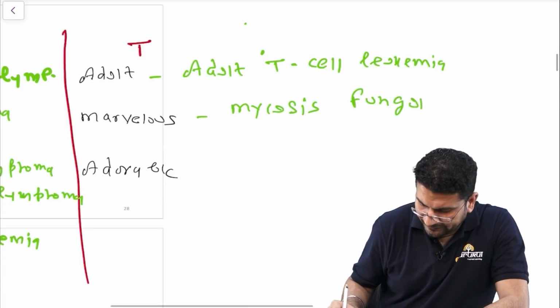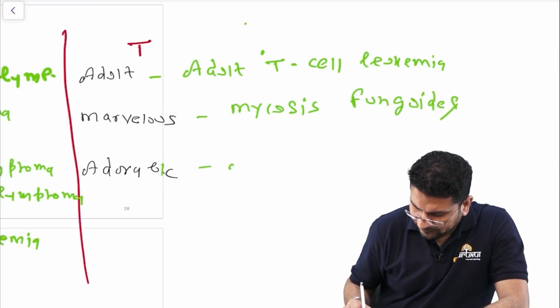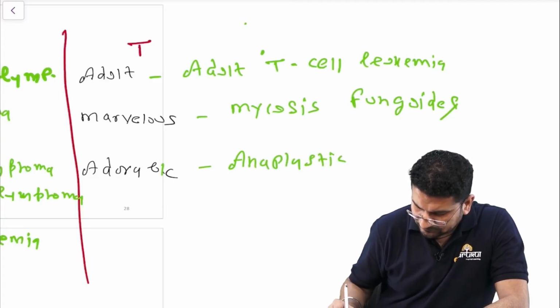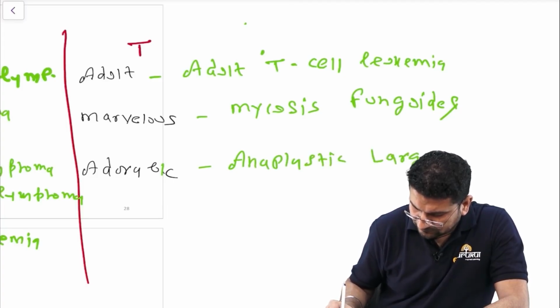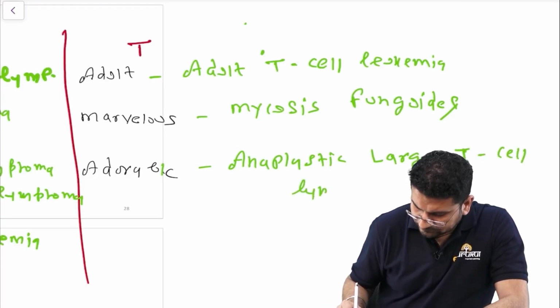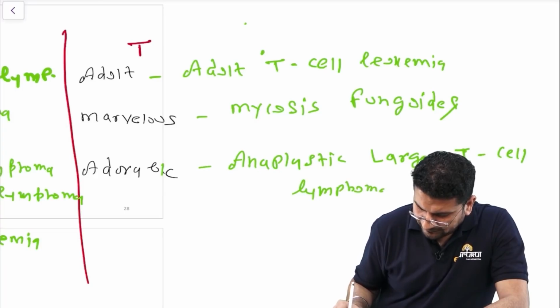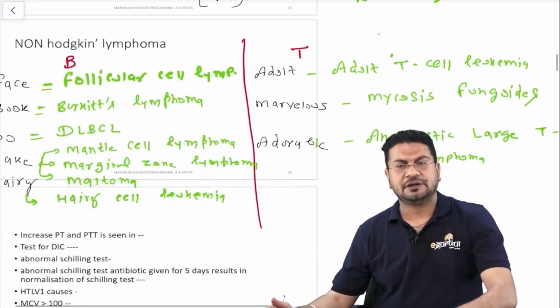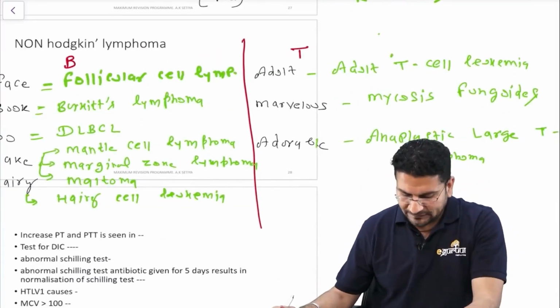Adorable means anaplastic large T cell lymphoma. The question they ask in the exam is: all are B cell tumors except, or all are T cell tumors except. So how to remember this? I have given you the mnemonics.